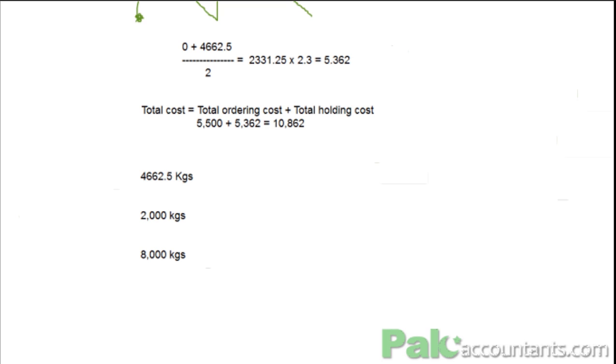Calculate the ordering and holding cost under these two situations, like for 2,000 kgs and 8,000 kgs, and then sum up the costs and see whether this technique is telling you truth or not. Will you do it? Can you do it? Okay, go on. You have 5 minutes to do this.